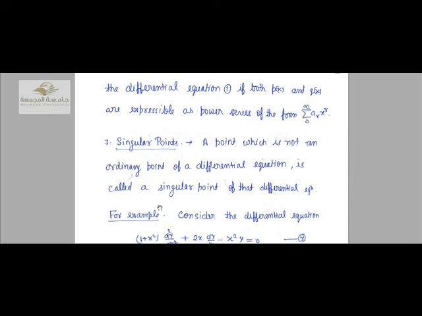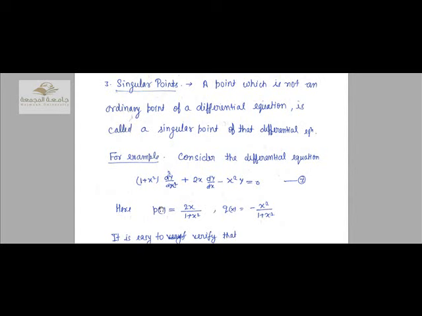Now third one, singular points. A point which is not an ordinary point of a differential equation is called a singular point of that differential equation. For example, consider the differential equation 1 plus x square d2y by dx2 plus 2x dy by dx minus x square y is equal to 0.